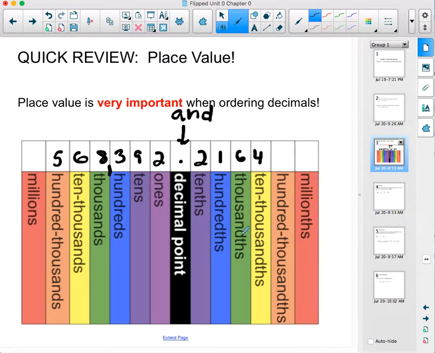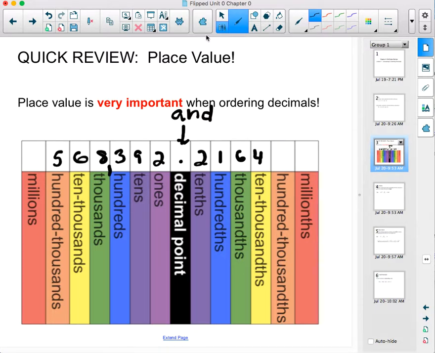Okay, so if I'm just reading the decimal portion, that would be 2,164 10,000ths. If I read the whole number itself, get ready, it is 568,392 and 2,164 10,000ths.